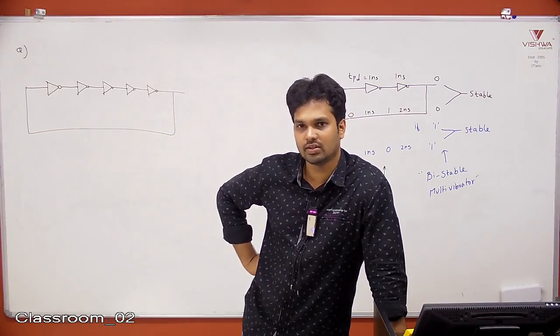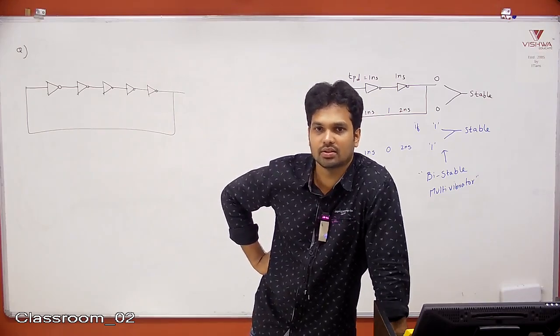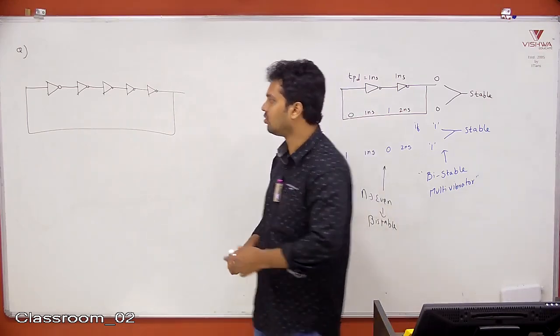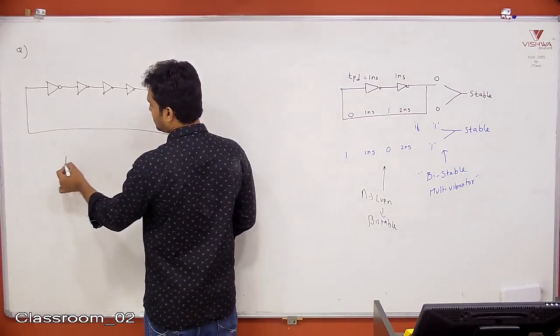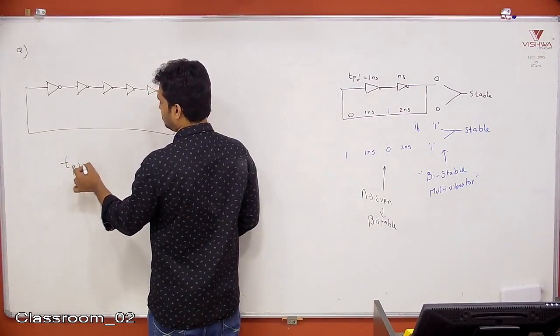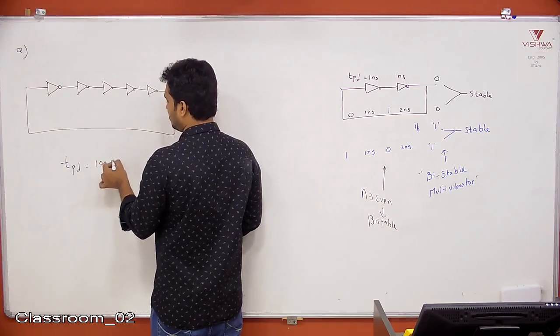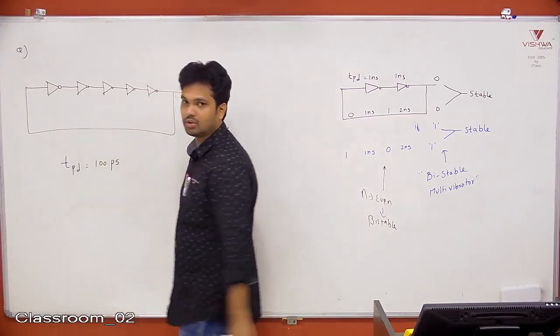Pico means 10 power minus 12. Propagation delay of each inverter is 100 picoseconds.